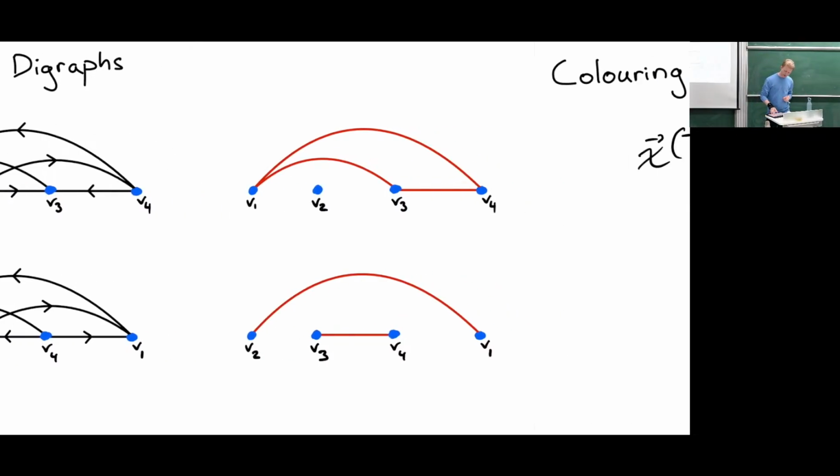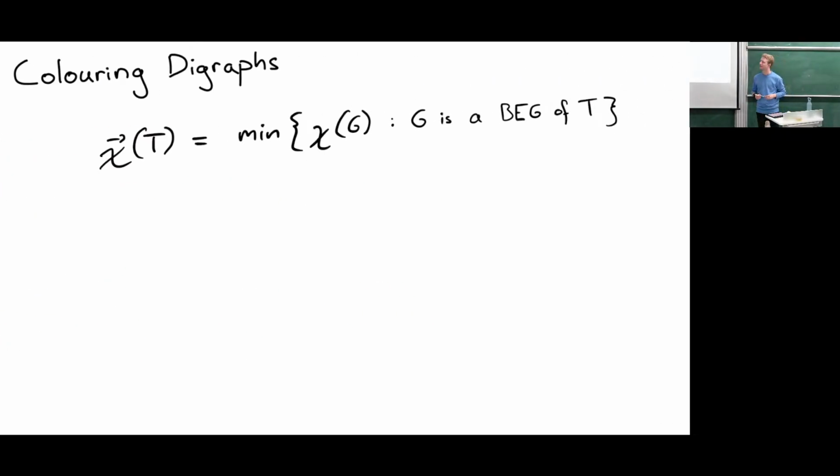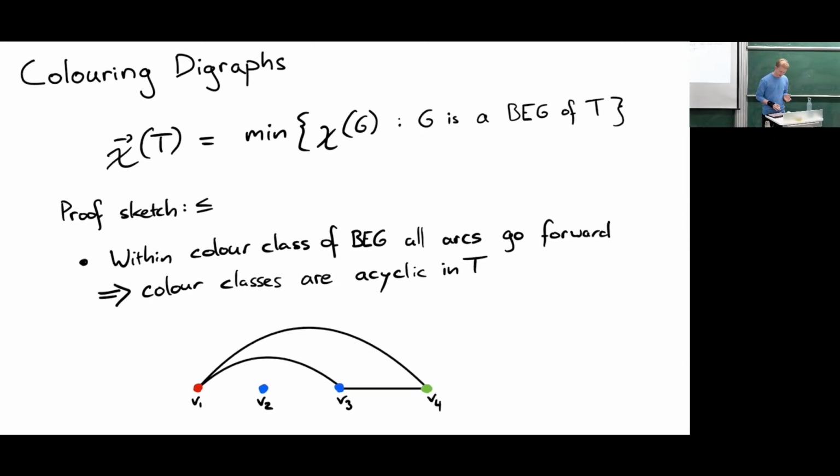However, it turns out that they do have a very nice property. Namely, the dichromatic number of a tournament is equal to the minimum over all chromatic numbers of its backedge graphs. So if you consider all the different possible orderings and all the corresponding backedge graphs, and take the minimum over all the chromatic numbers of these backedge graphs, that will give you the dichromatic number. Why is this?